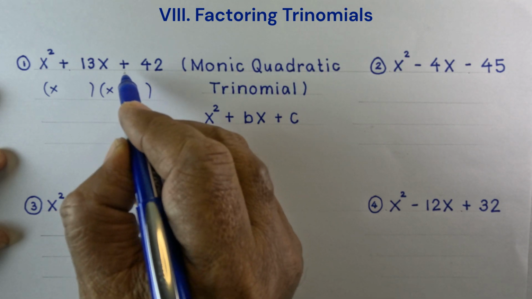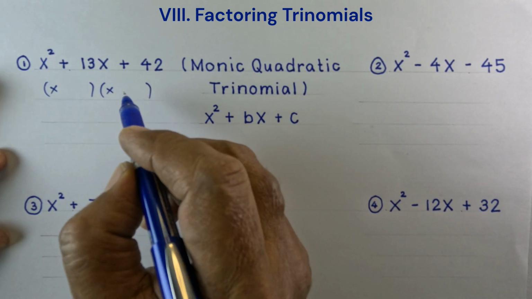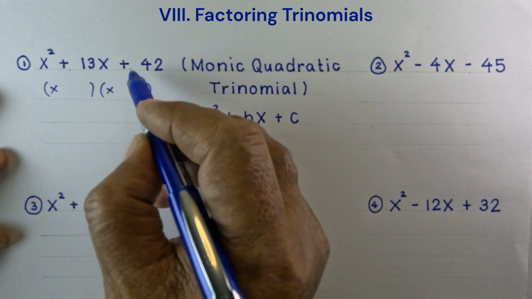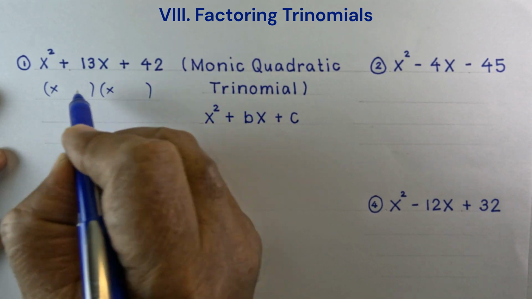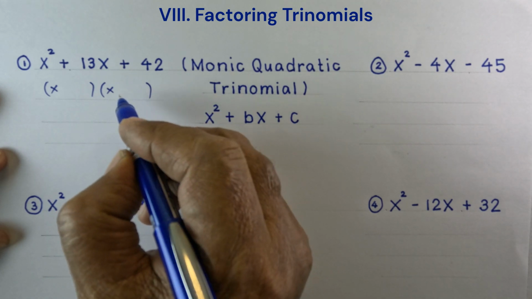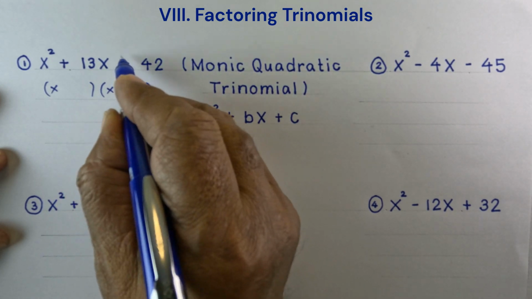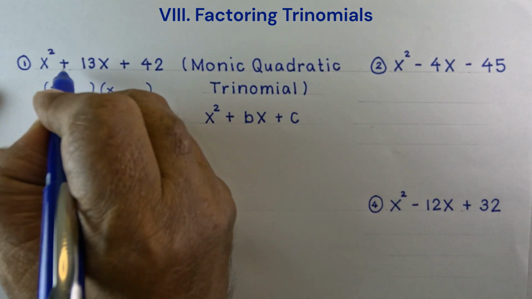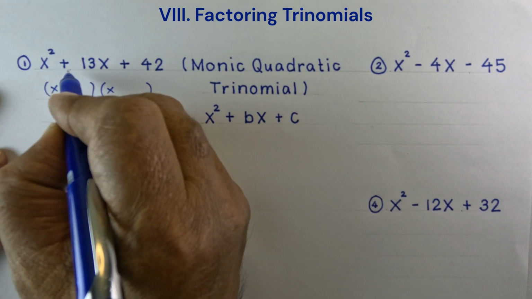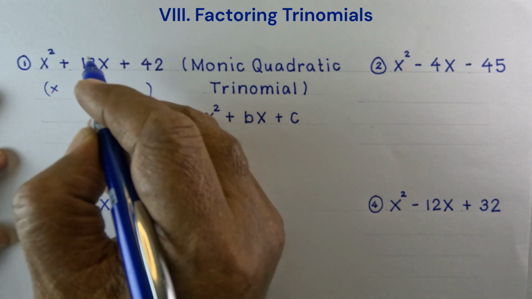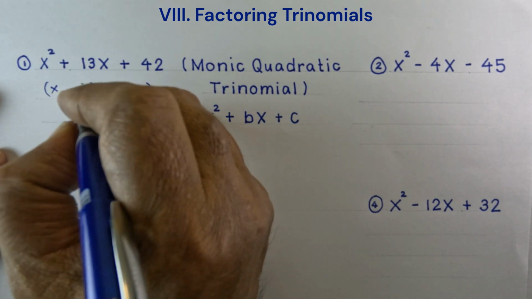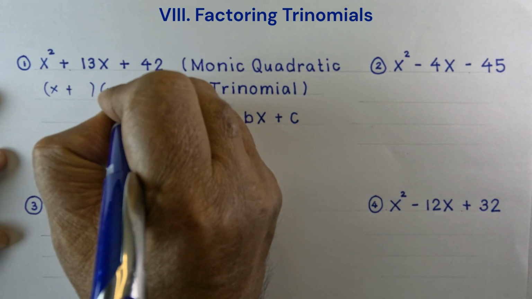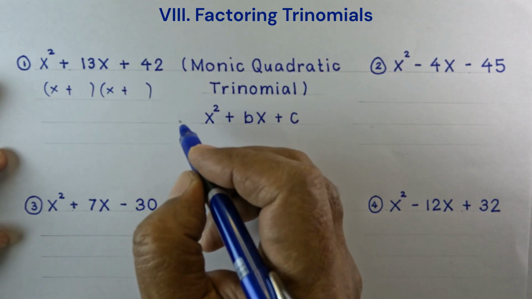How about the signs of the terms here? Since this is positive, the signs of the two terms must either be both positive or both negative. But since the sign of the middle term is positive, therefore both are positive. So I'll write here plus and a plus here.